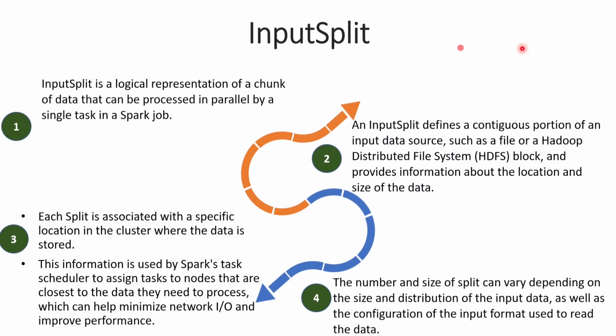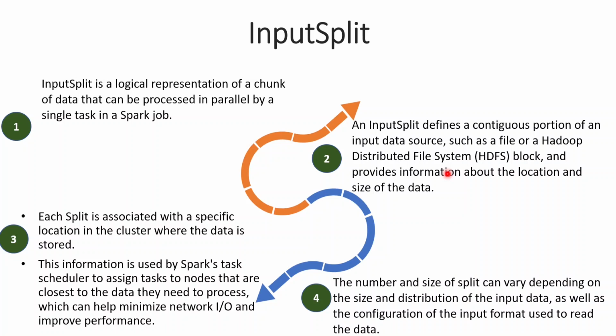Coming to input split, as I told earlier, input split is a logical representation of a chunk of data that can be processed in parallel by a single task in a Spark job. An input split defines a contiguous portion of an input data source, such as a file or Hadoop distributed file system block, and provides information about the location and size of the data.